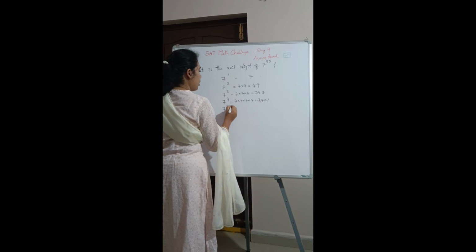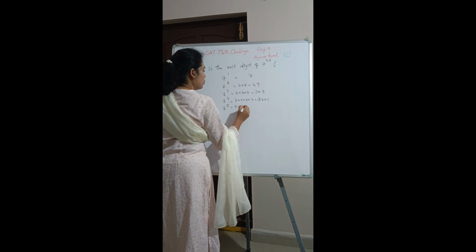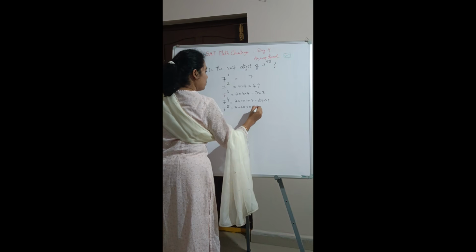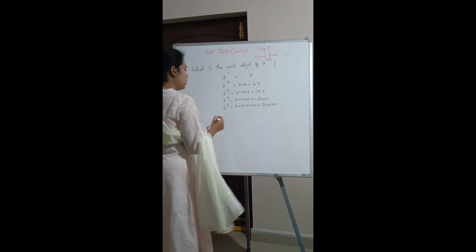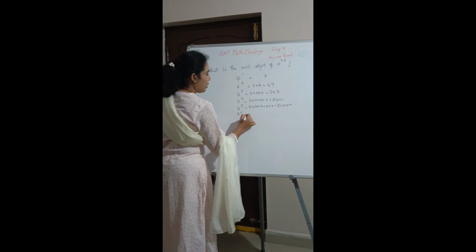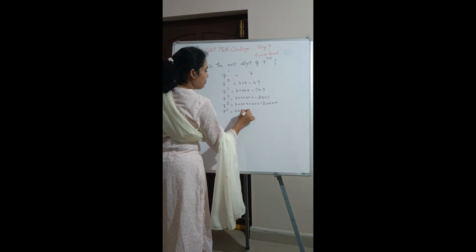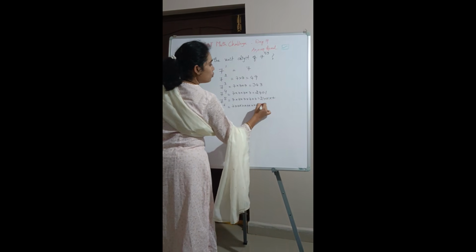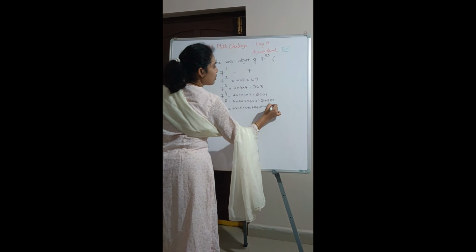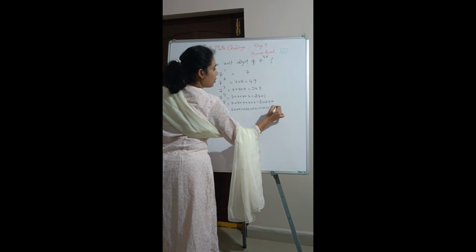Now 7 power 5 is 7 into 7 into 7 into 7 into 7, that is 2401 multiplied with 7, and again we have 7 power 6 is equal to 7 multiplied 6 times, and we have 2401 into 7 into 7.